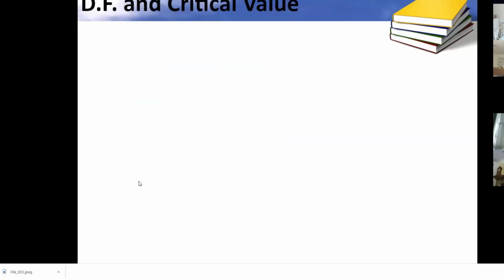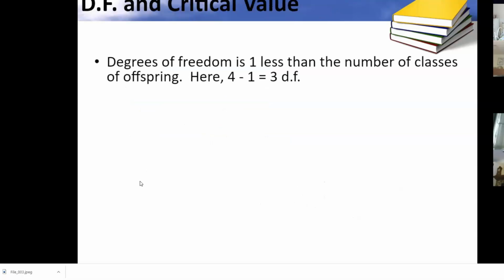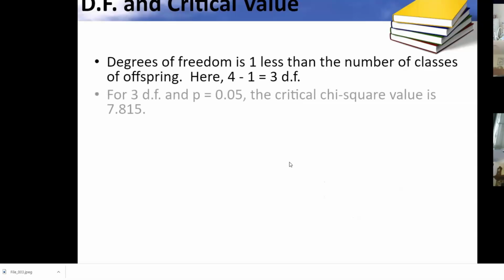But to determine if it is, we have to look at the chart, right? So degrees of freedom, we had 4 variations. 4 minus 1 is 3. So that tells me where I'm going to look on the chart. We are always going to use the 0.05 p-value to determine our critical value.